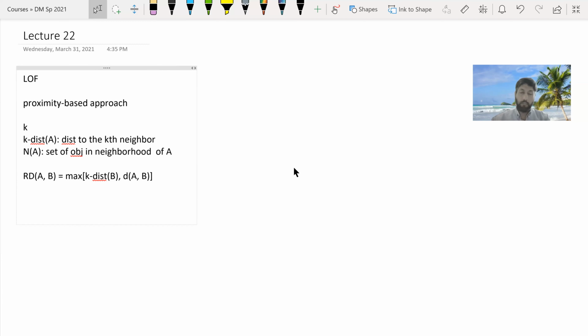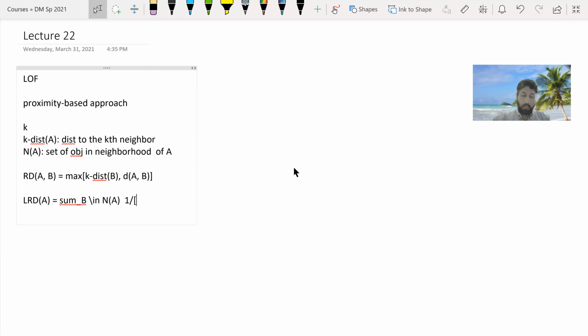From this, we compute the density of the region around A, which we call the local reachability density. This is actually the inverse of the average density of the objects in the neighborhood of A. So basically a sum, and this sum is over all the objects B in the neighborhood of A. The formula is of course 1 over, and then there is a density in the denominator.